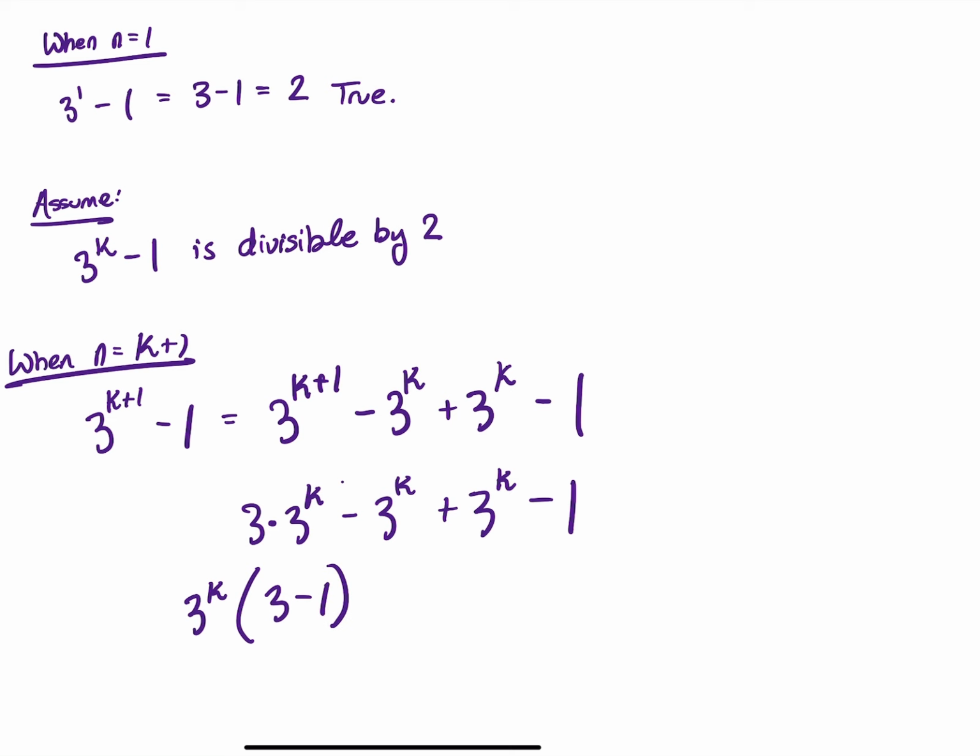And then we have plus 3 to the power k minus 1. So in part 2, we assumed that this second part, 3 to the power k minus 1, is divisible by 2. And then notice if we simplify the parentheses for the first term, we get 3 to the power k times 2.